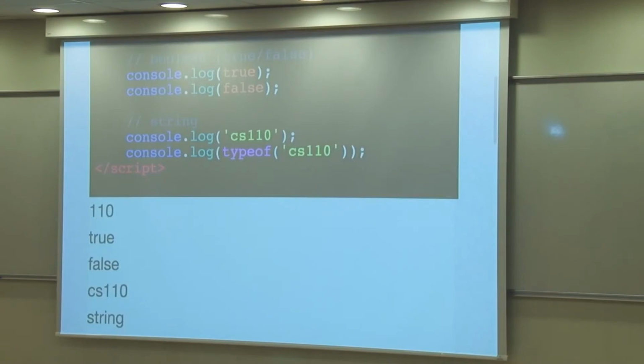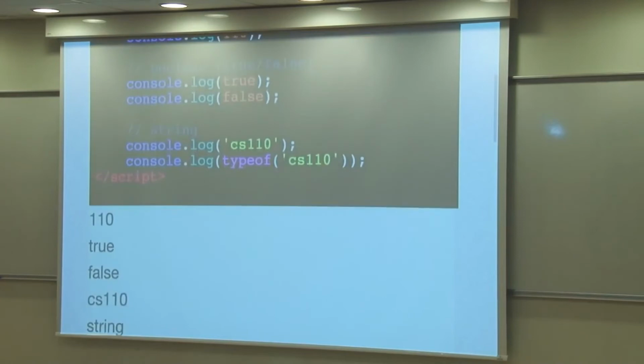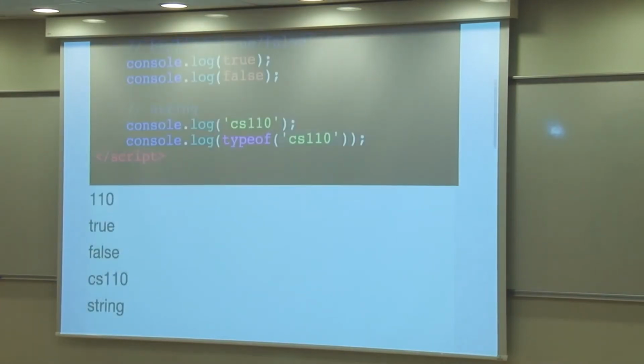There it is. Now, if you ever want to know the kind of thing that a value is, you can use typeof. Typeof will tell you what it is. The type of this thing is a string. The type of a number, like 99, is a number.